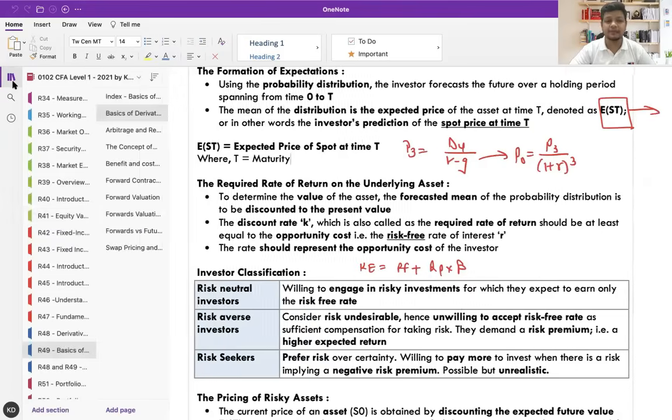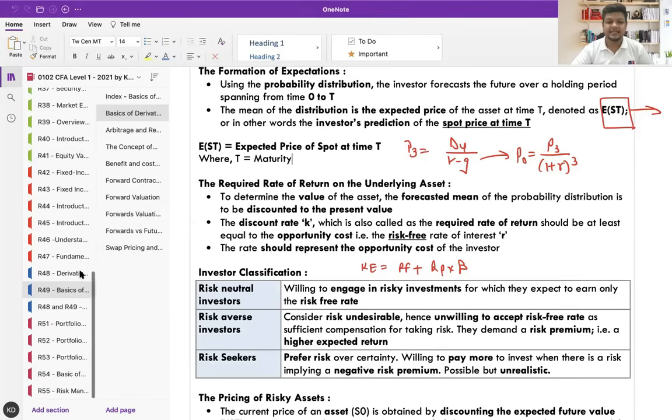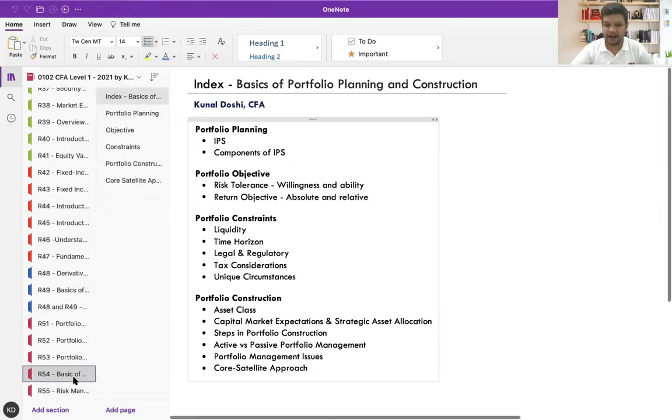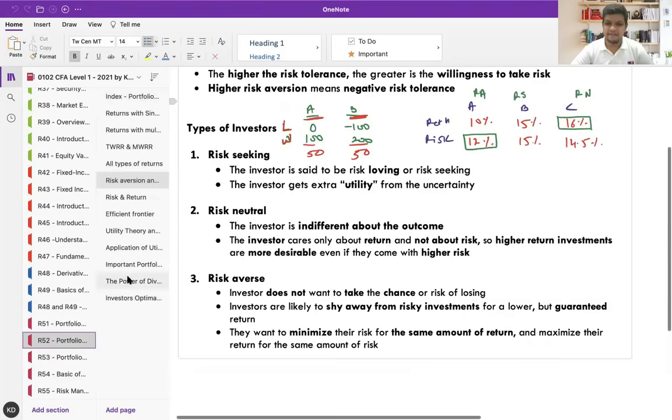Now, tell me one thing. We've done different types of investor classes, different classifications of investors. Do you recollect them? Risk averse, risk neutral, and risk taker. Very good. Risk seeker, risk neutral, and risk averse.